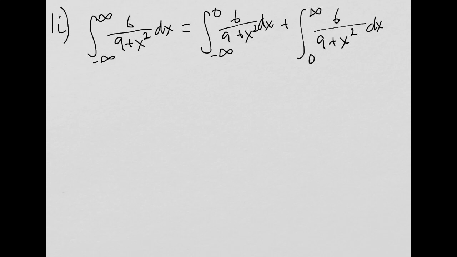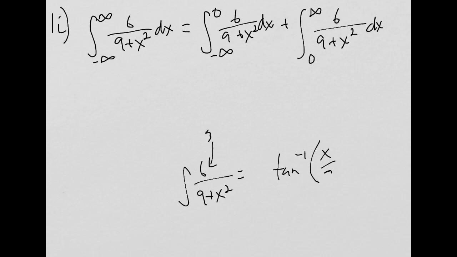I know that the integral of 6 over 9 plus x squared fits an arctan, or tan inverse, scheme. So if I were to have this with a 3 here, it would be tan inverse of x over 3.